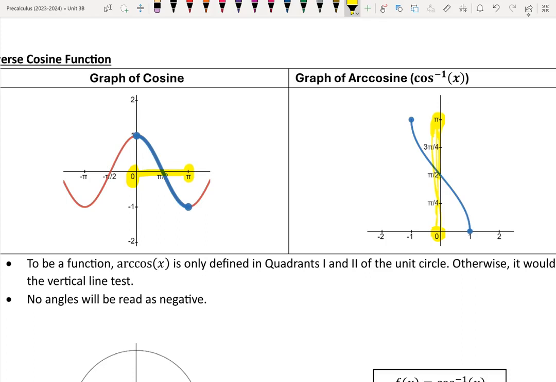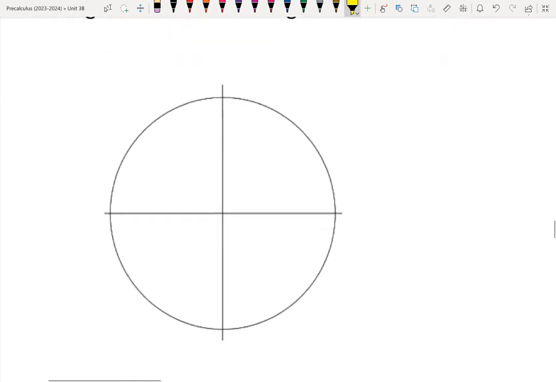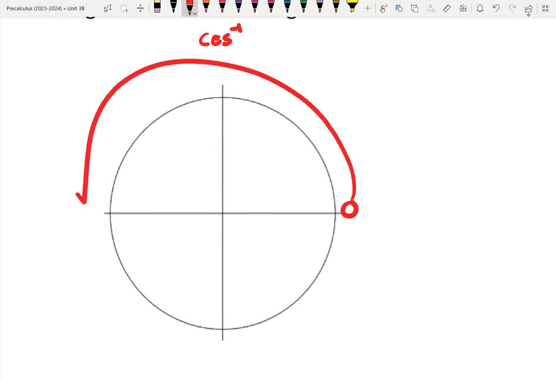Now, since I'm going from 0 to pi, we have another restriction. Thinking about cosine inverse here, cosine inverse goes from 0 through pi over 2 all the way over to pi. So which two quadrants are involved with cosine inverse? 1 and?